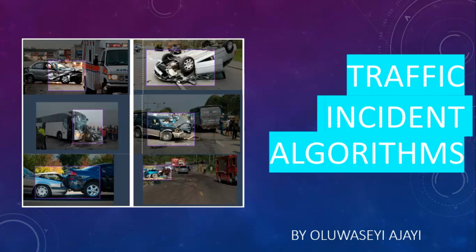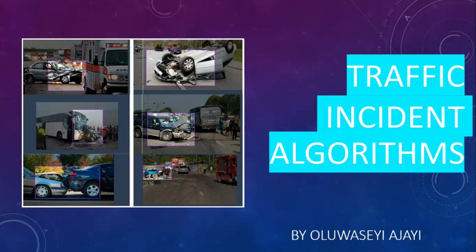Now, what I'm trying to explain here is that it is still a work in progress when it comes to some of these automatic incident detections using algorithms. When an incident happens on the road, most of these technologies that have been developed over the last couple of decades are sometimes able to pick what we call a false alarm.